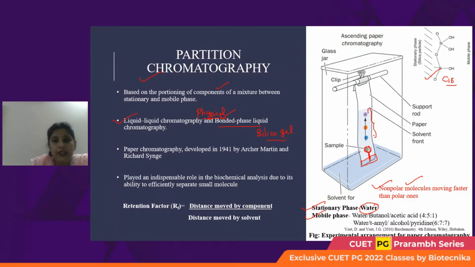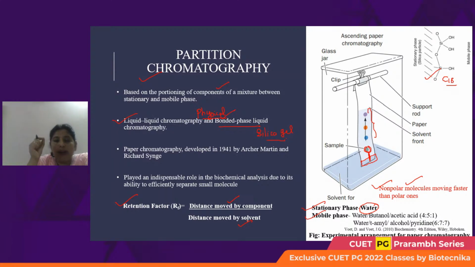Please note that once the components in the mixture are separated, you can find out the retention factor. Retention factor is the distance moved by the component divided by the distance moved by the solvent. Why is this retention factor important? It's a quantitative parameter, and it is calculated for every individual component.